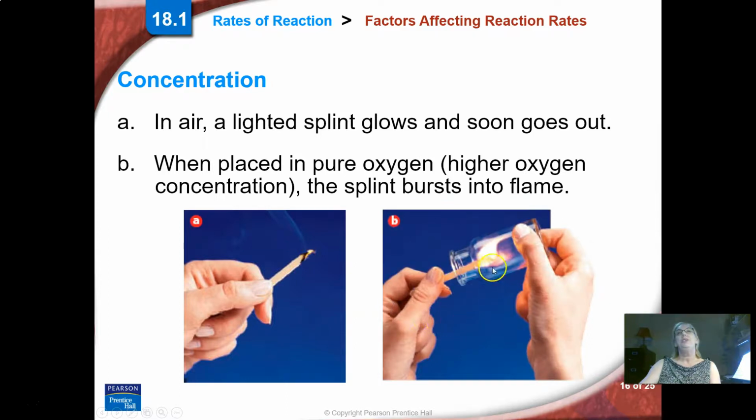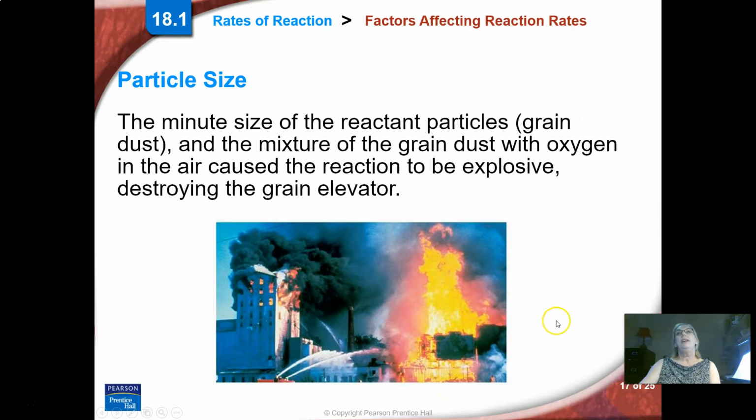As soon as we increase the concentration of oxygen in this bottle, we have a much better flame. So increased concentration will help the rate. If we have really small particles, we can make things happen so fast that it becomes an explosion. You have to worry about this in areas where you can have dust. Any kind of dust, metal dust, grain dust, any really small particle sizes, if the conditions are right, they can explode. So you have to be careful with lots of dust.